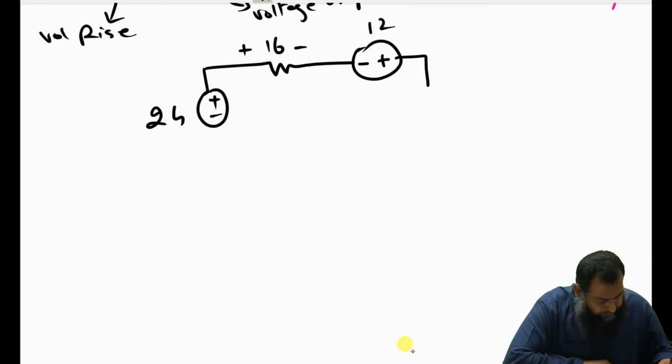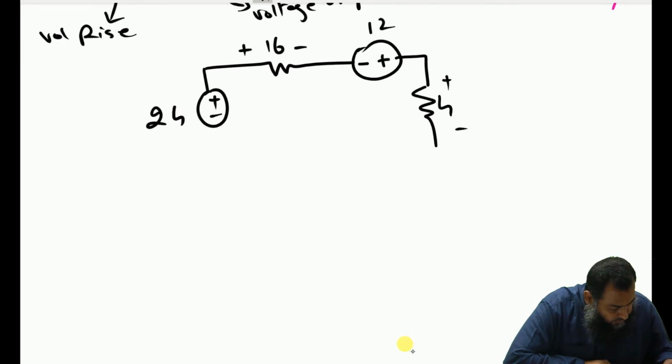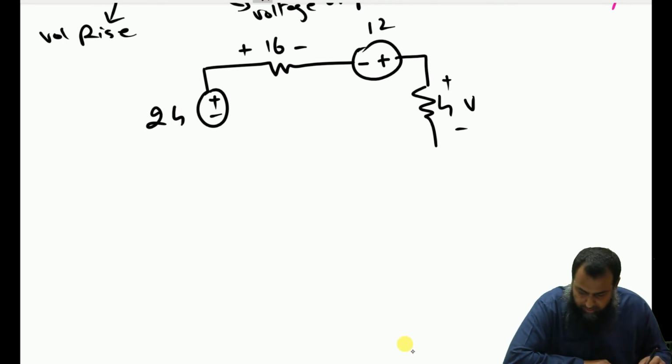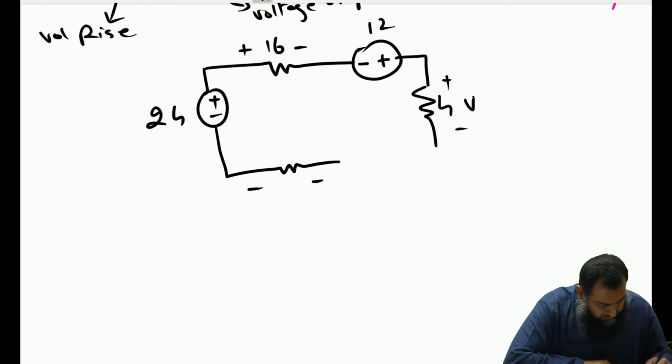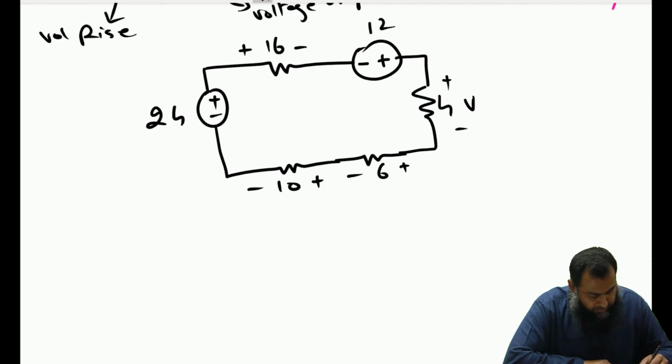Then I have a resistance here which has this 4 volt here, and then I have another resistance here. It is in this particular direction, and then we have this plus, this is 6 volt, right? Let me label the nodes as well.